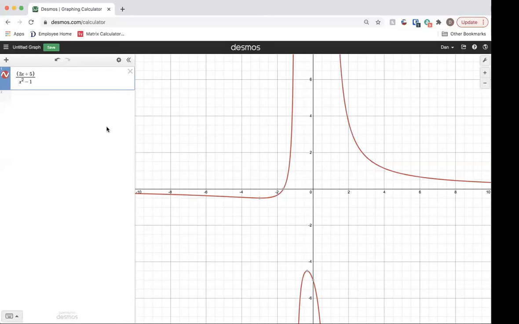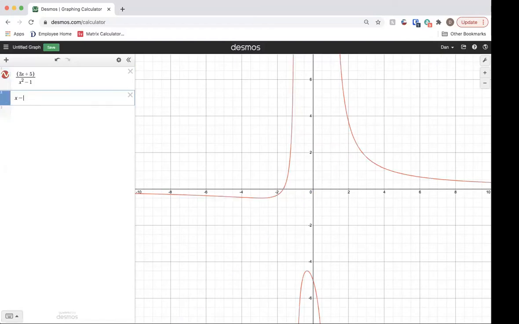You notice that my analysis was close, but I was wrong about this. So again, that's why you want to do the graph, to double check things. I see where I made my mistake: I had the asymptote in the wrong place. That was my bad.